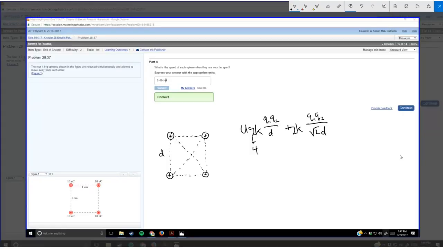Okay, so my potential energy is then 4kq squared over d. It's q squared because they're all identical charge, plus 2kq squared over square root 2 d.